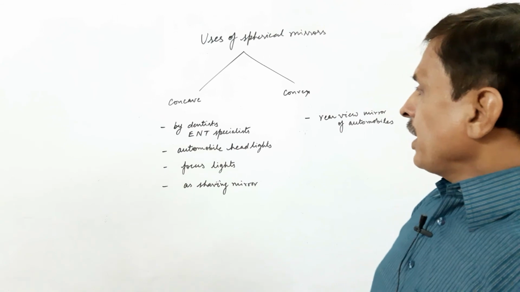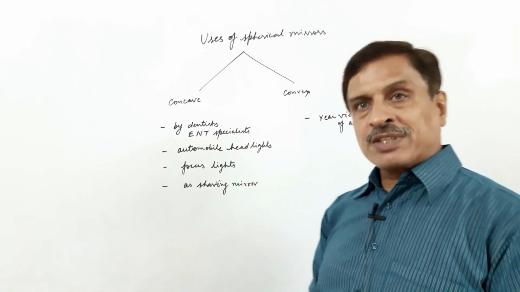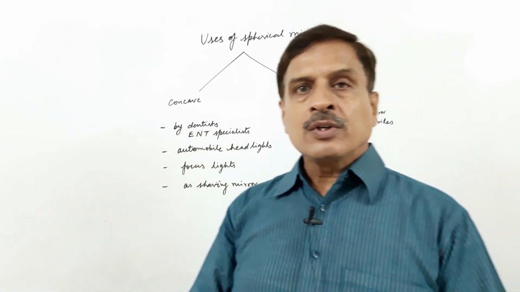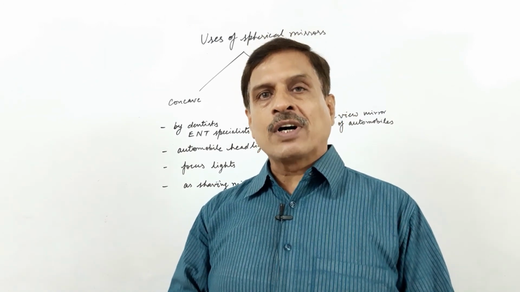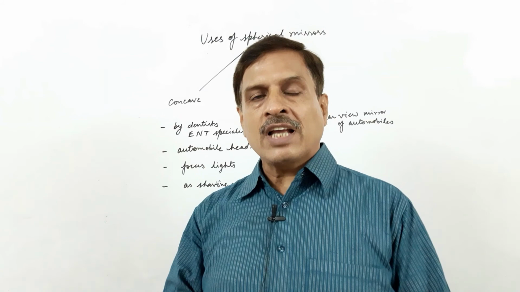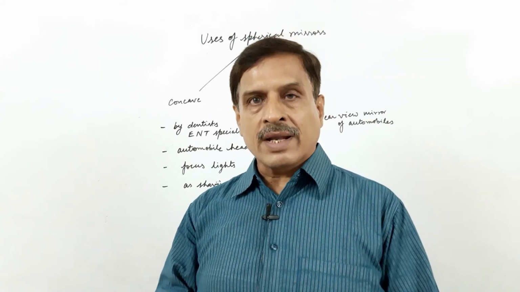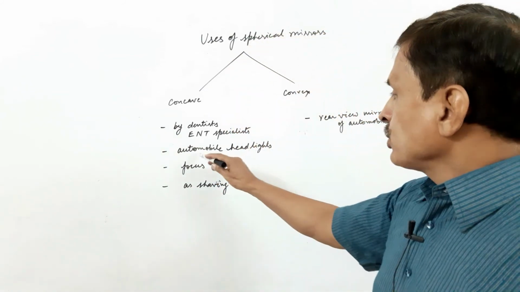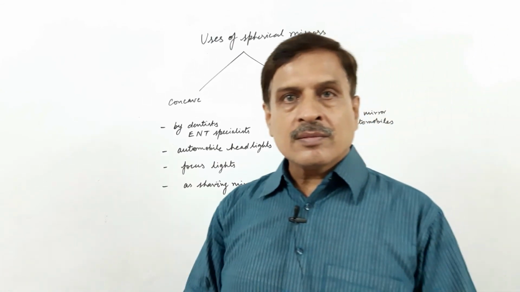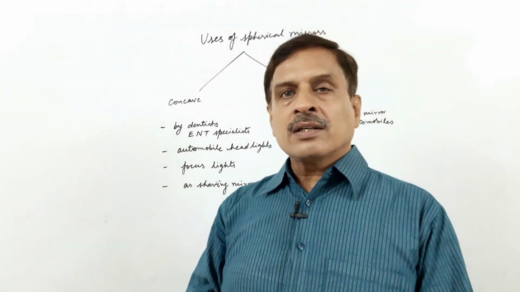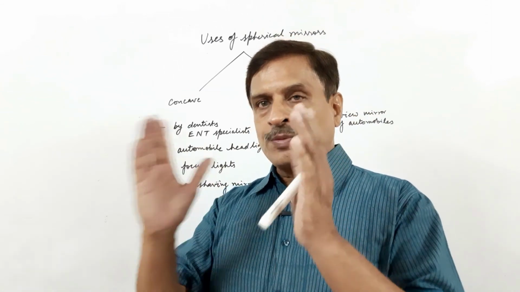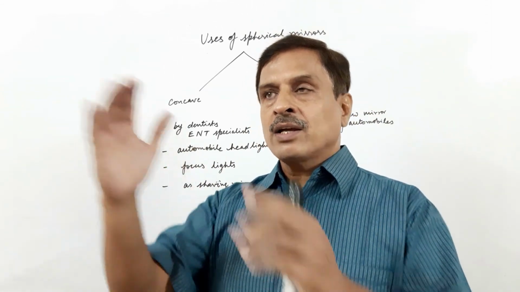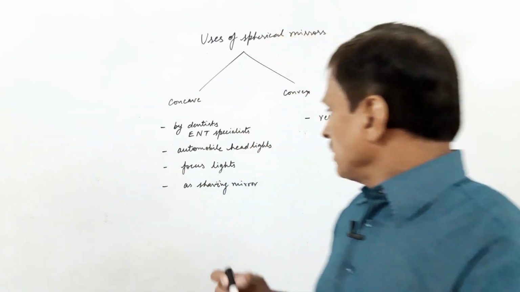A concave mirror is used by the dentist or ENT specialist to see a clear picture of the teeth as well as the ear canal. It is used in automobile headlights so that one can see objects in the night at a longer distance.